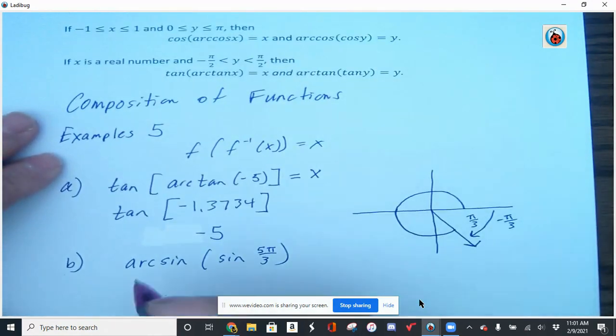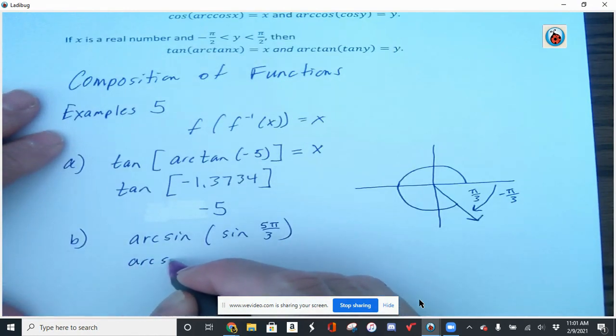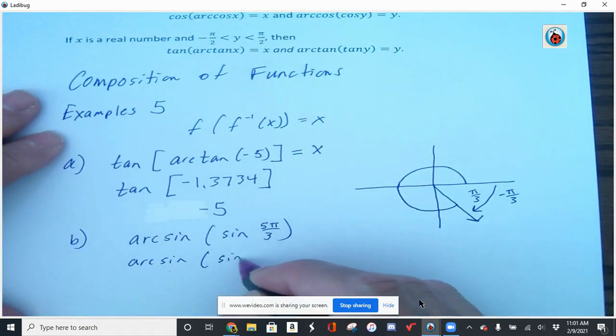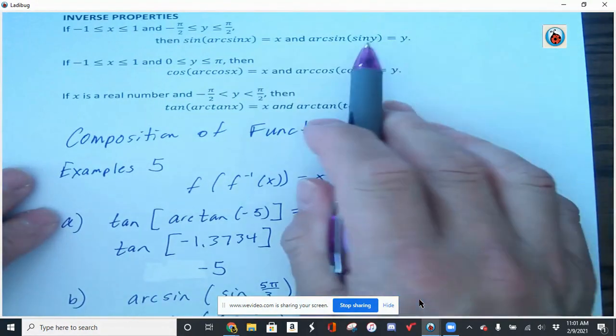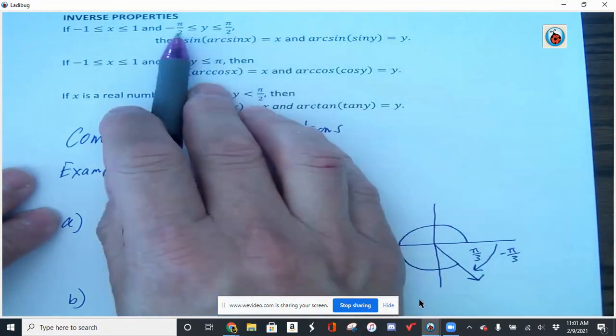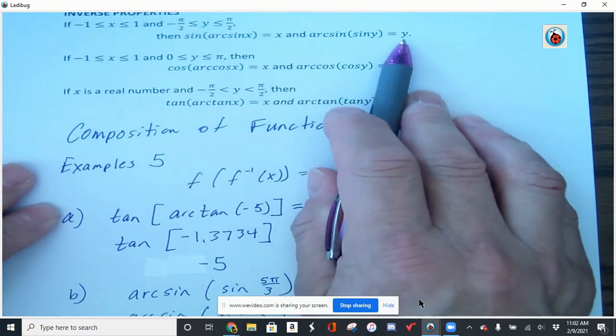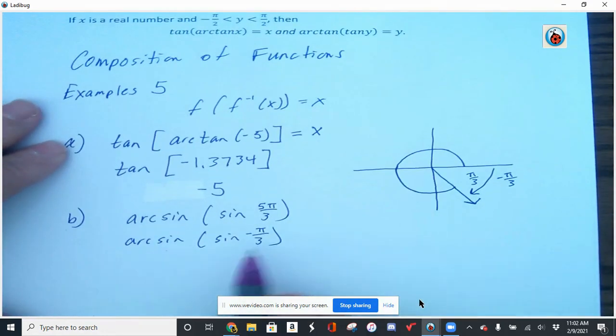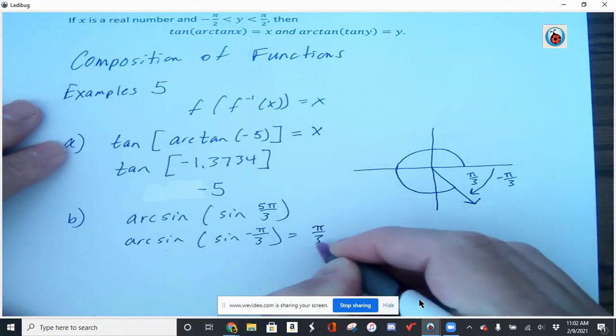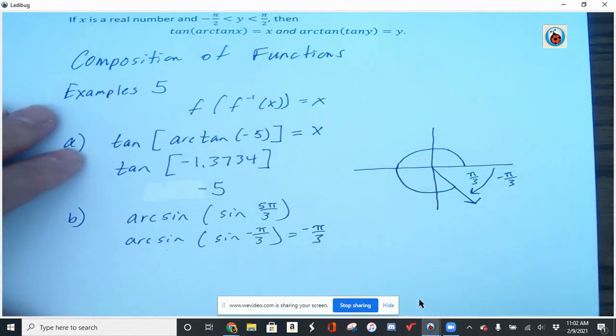So I can do this now. Now that y falls within the interval, it should be equal to whatever the y value is, so this should be equal to negative pi over 3. Let's just test that.